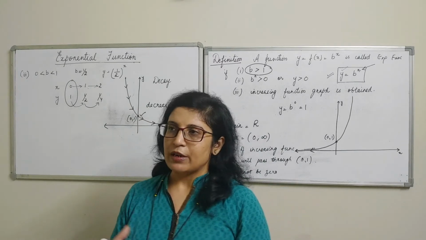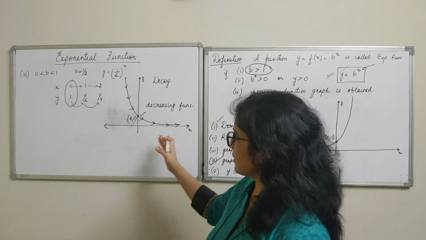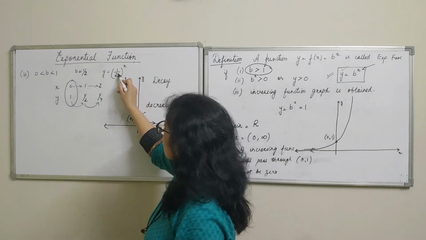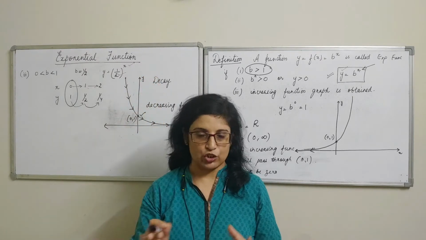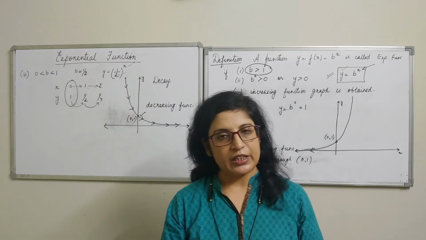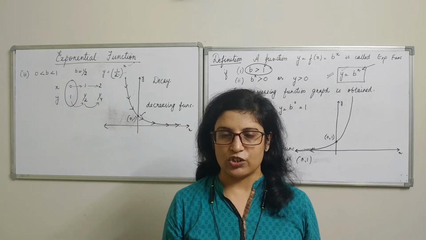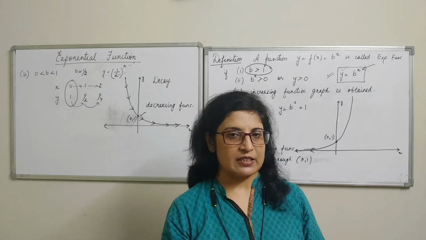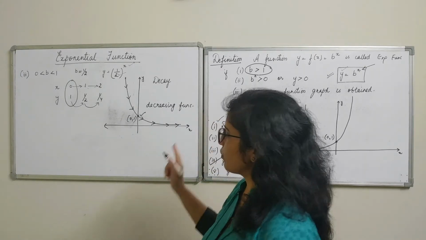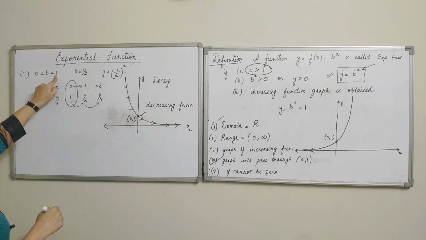But whenever the function represents a decay, like in this case, although the base is a constant raised to a power variable, which satisfies the definition of an exponential function, finally it shows decay. Hence we do not consider it to be an exponential function, because we are referring to an exponential function as a growth function. So hence we know b cannot be in the interval 0 to 1.